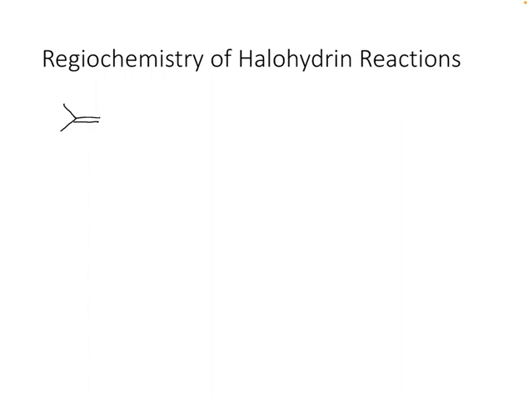So what we're really doing is looking at the regiochemistry of halohydrin reactions. So what is regiochemistry? Well, that just means the preference of bond formation. So where would the water prefer to bond? So let's just write that, preference of bond formation.